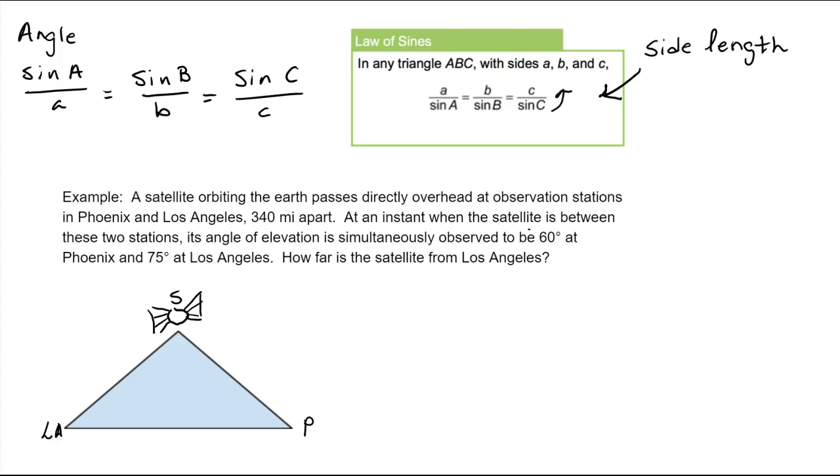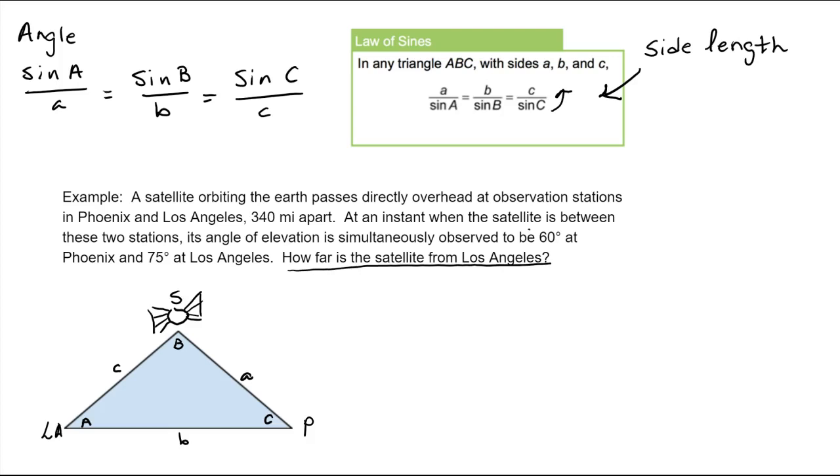All right, now I'm going to label my angles, of course. Call this one angle A, call this one angle B, and call this one angle C. Okay, and then I'm going to label my side lengths. Call this side a, call this side b, call this side c. So the question is, how far is the satellite from Los Angeles?